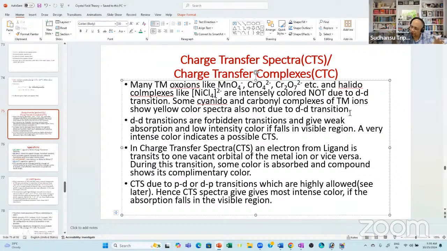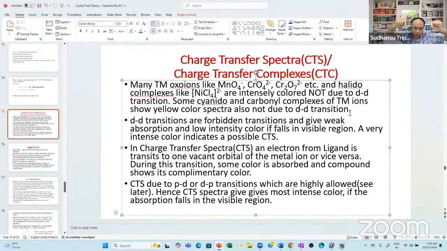So how will you know whether the color is due to d-d transition or CTs? First of all, whether the color is light, maybe yellow, maybe blue, it should be light. If it is very intense blue, intense purple, intense green, then it could be mostly due to CTs. In CTs, what happens?